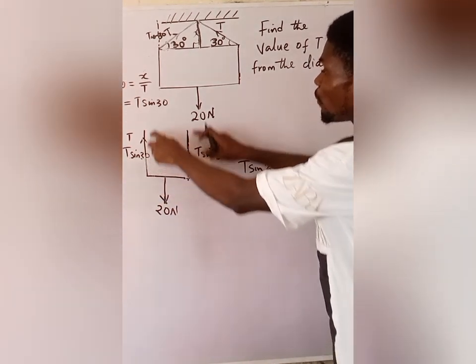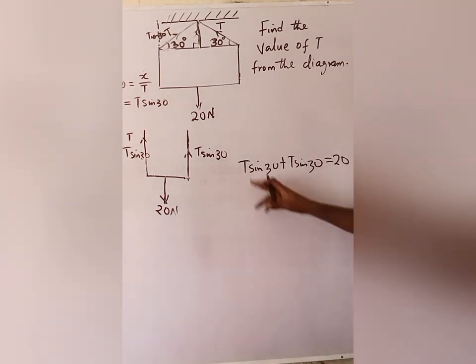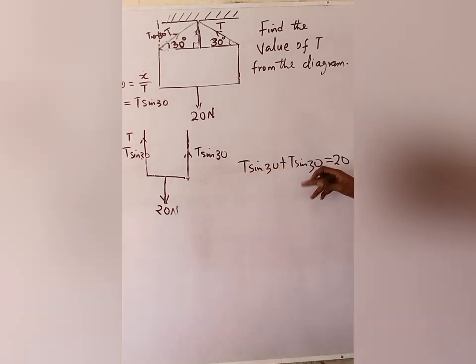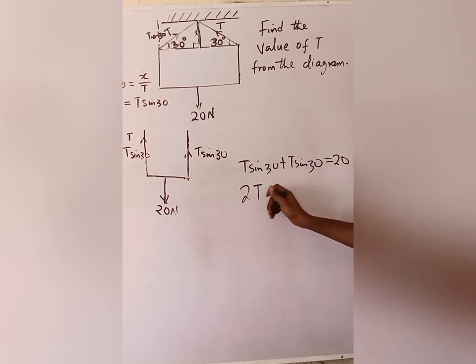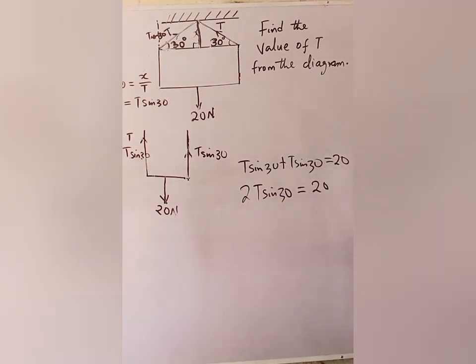That is, the total upward force is equal to the total downward force. It's very simple. So when you have t sine 30 plus t sine 30, we now have 2t sine 30, and that gives us 20.